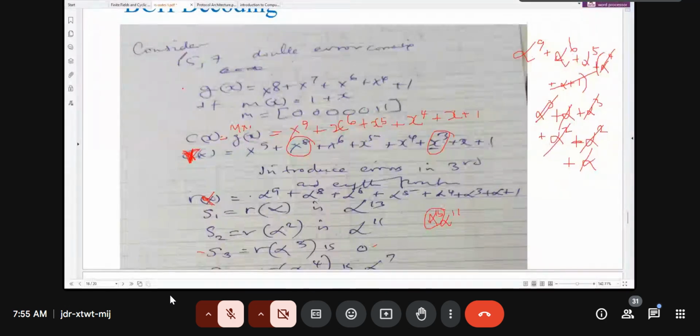It means the code word has 15 bits, but the message bits are 7. So when you see x plus 1, it actually means this. We are saying if you multiplied this and this in polynomials, you would end up with this. So this would be the correct polynomial. That's a valid polynomial, the correct polynomial which you are sending.